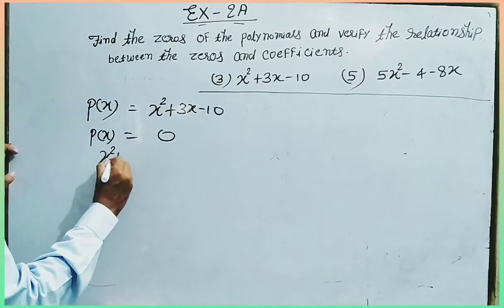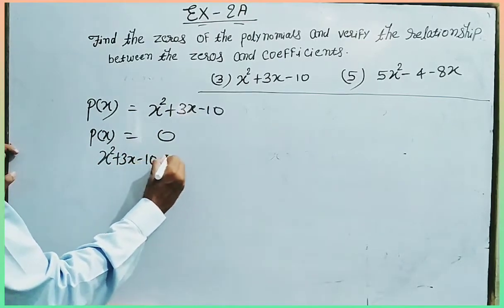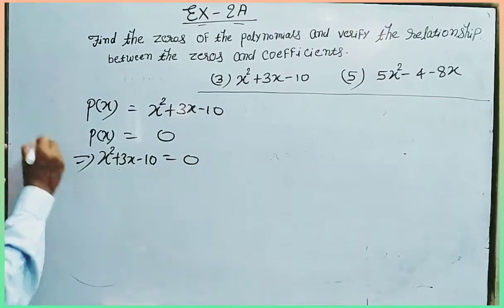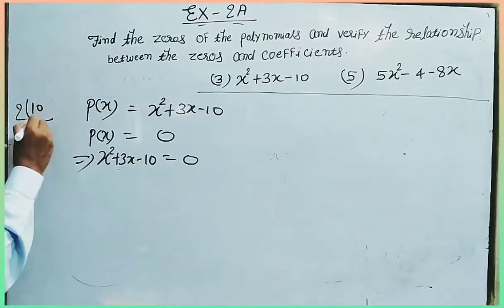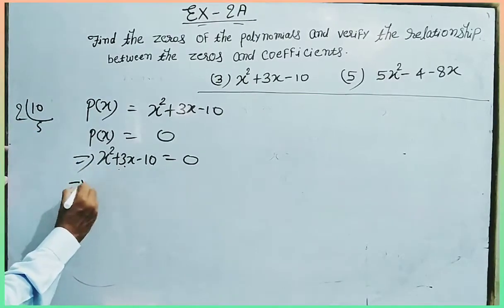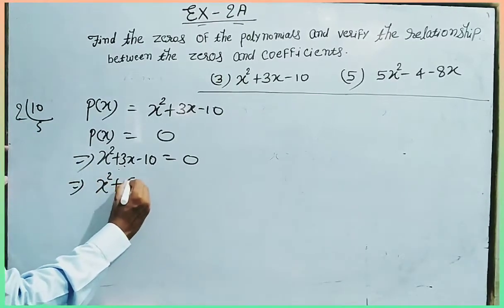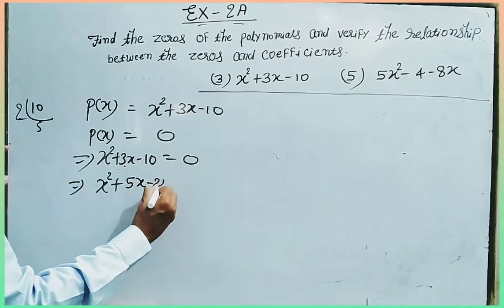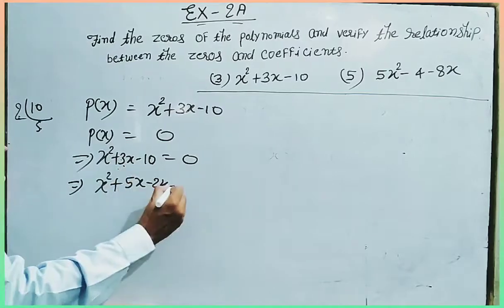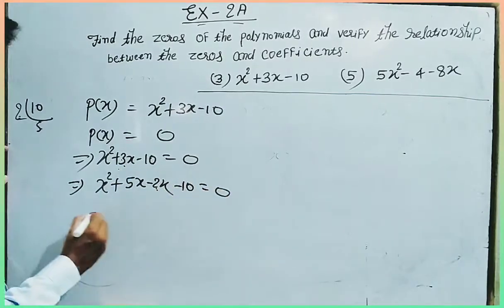So x square plus 3x minus 10 is equal to 0. For minus 10, you take 5 and 2, so that 5 minus 2 you get 3, and 5 into 2 you get 10. So here write x square plus 5x minus 2x minus 10 is equal to 0.